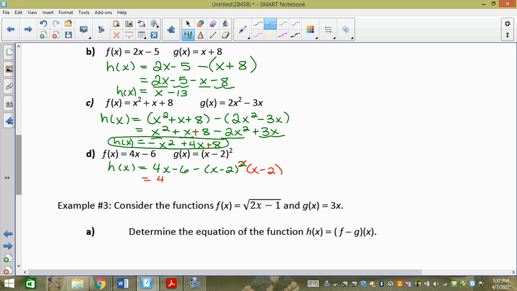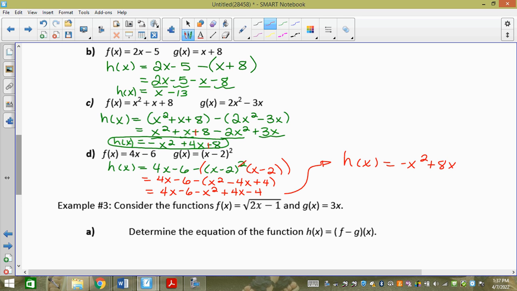So we're going to get 4x minus 6 minus x squared minus 2x is minus 4x. Minus 2 is plus 4. And then distribute my minus sign through. 4x minus 6 minus x squared plus 4x minus 4. And then collect like terms. h of x equals negative x squared. 4x plus 4x is 8x. Negative 6 minus 4 is negative 10.